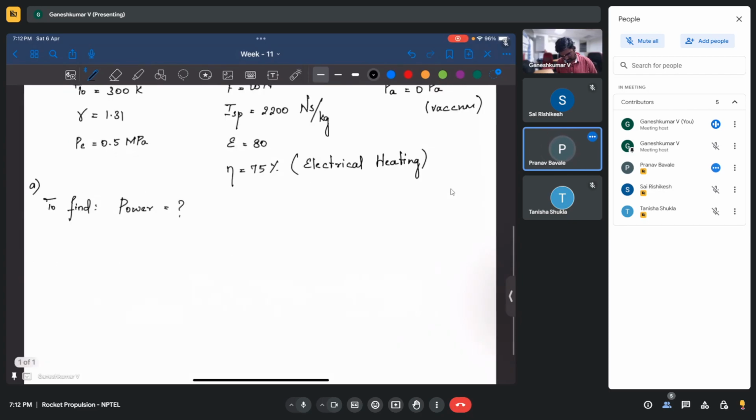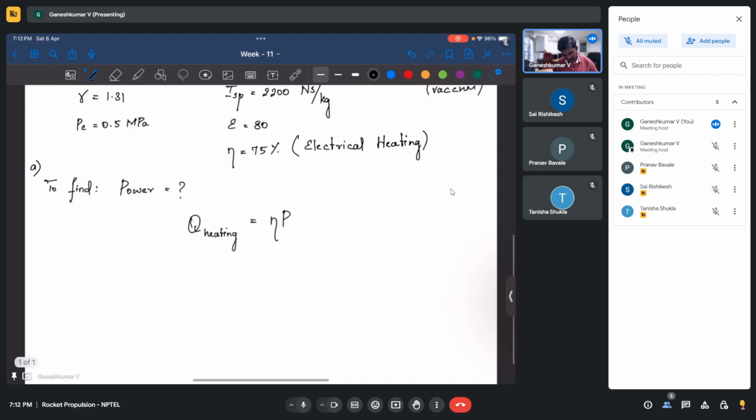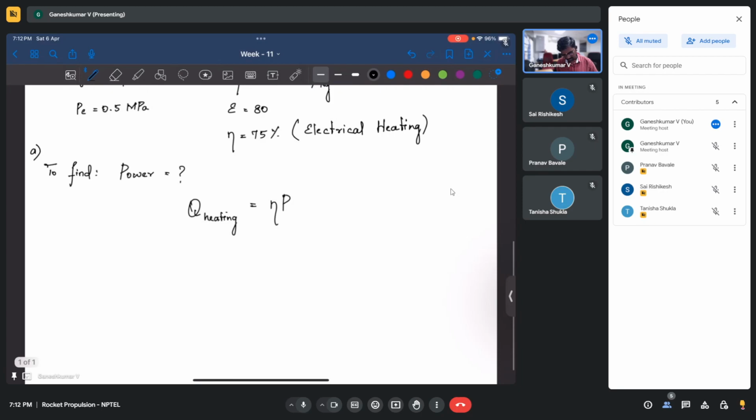Yes. Let's say if I want to write it in a mathematical form, you can say Q required, Q heating, is nothing but efficiency times the power required, right? So we need a higher power, or you can write divided by efficiency on the other side. So this is the power we need to find out.